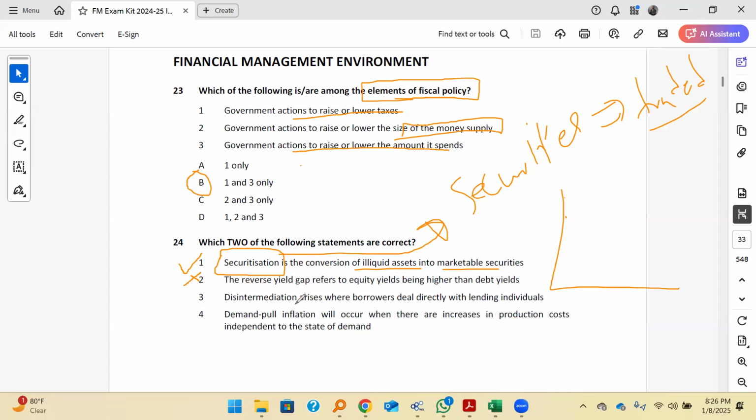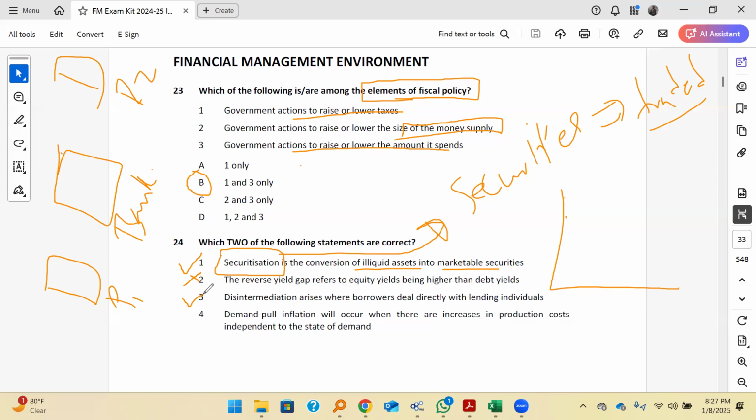Then, disintermediation arises where borrowers deal directly with the lending individuals. This is correct. Normally, you have person one who wants to get money, but instead of going to person two, they go to the bank.